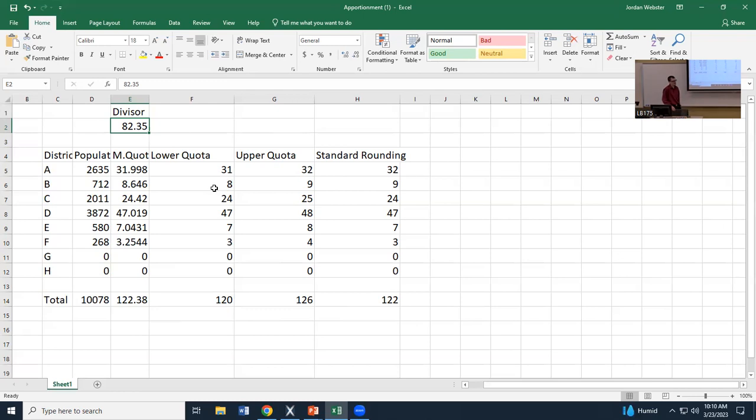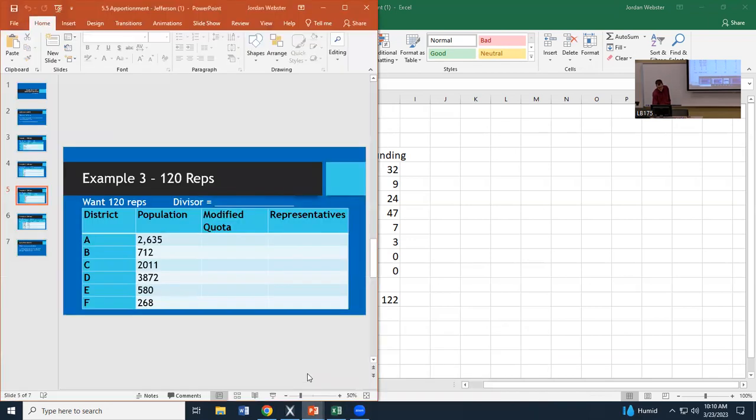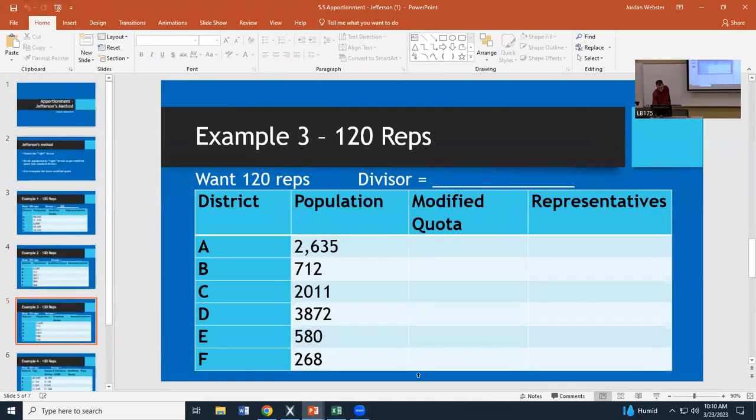Does that make sense? So that's Jefferson's method. In Jefferson's method, the number of representatives is simply the lower quota once I've got the right divisor. And the right divisor means that the lower quotas add up to exactly how many representatives I want.